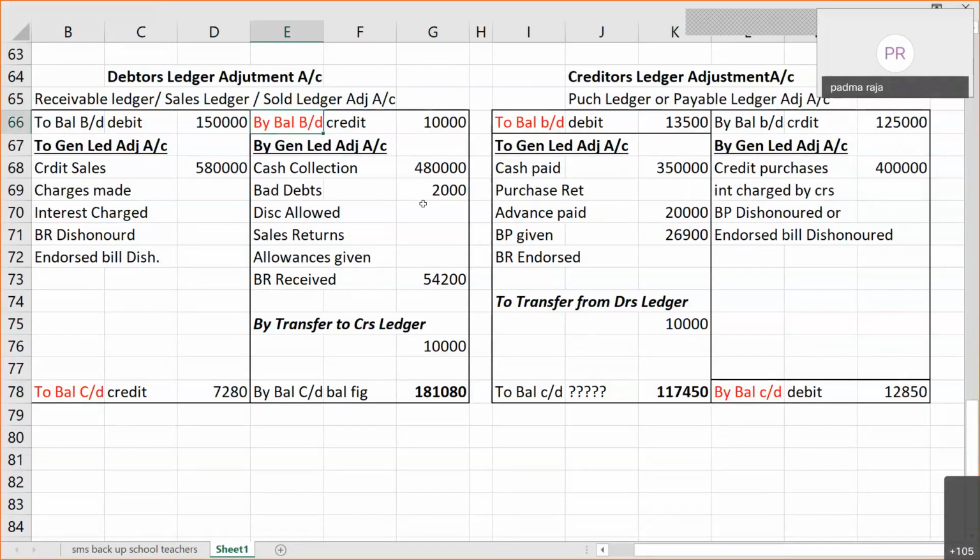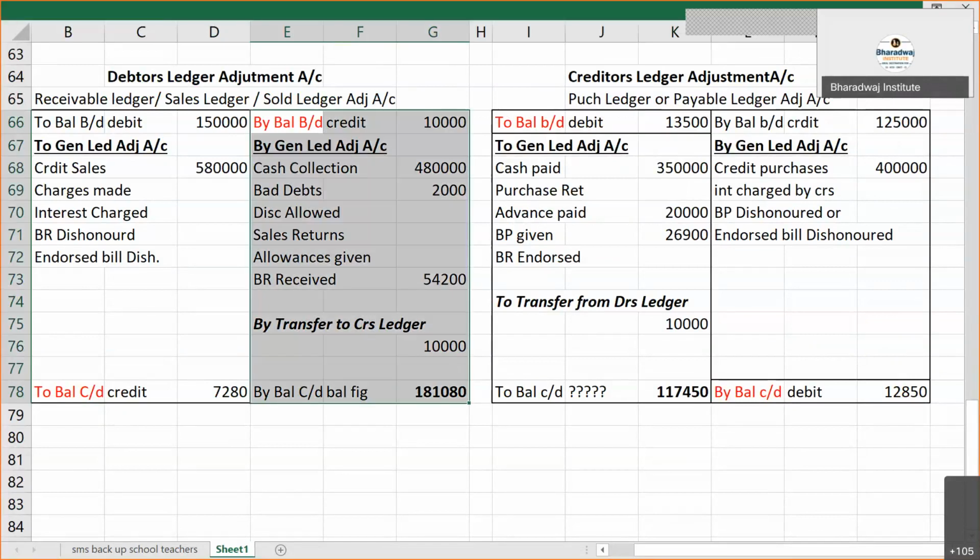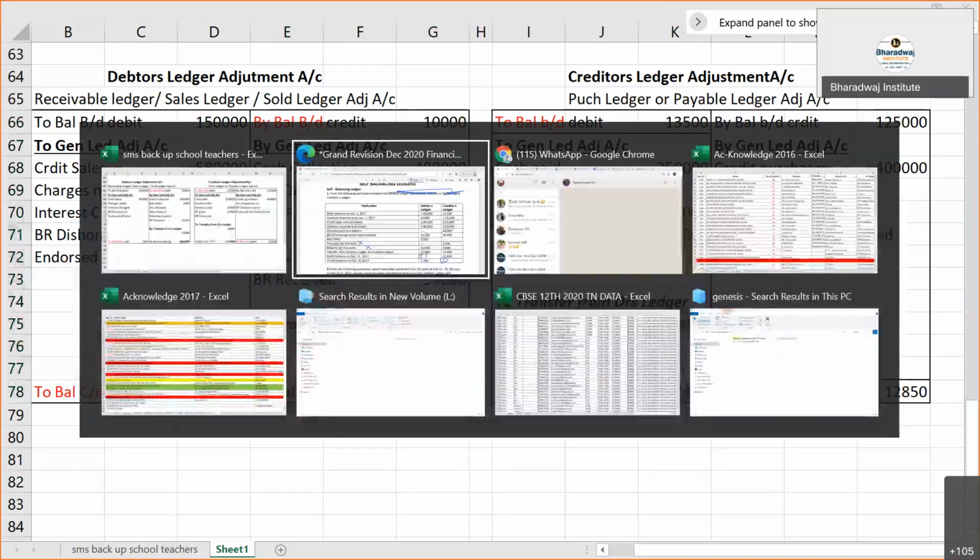Whatever is credited here, it will be debited. Whatever is debited there, it will be credited. Anyhow, ledger preparation cannot be tested. You can do anything and get the closing balances.